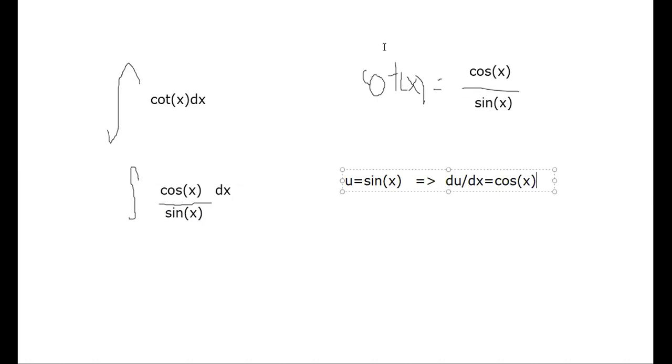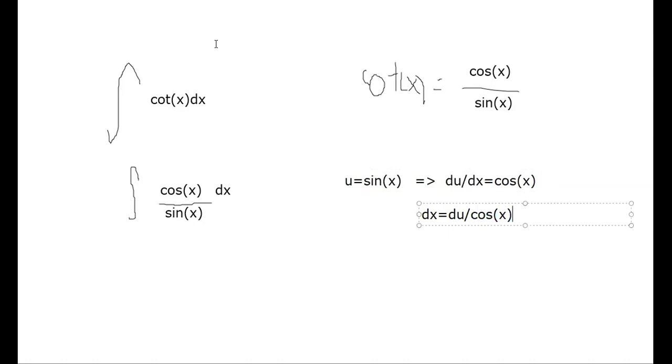And that also tells us that dx equals du over cosine of x.